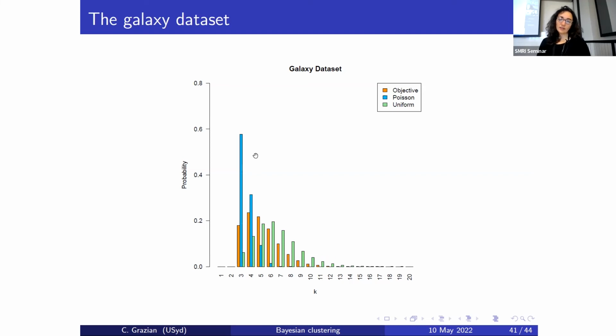The Poisson distribution is very conservative and very informative around 3. So ours is in between: it gives a balance between something that is not consistent, the green one, and something that is very conservative.